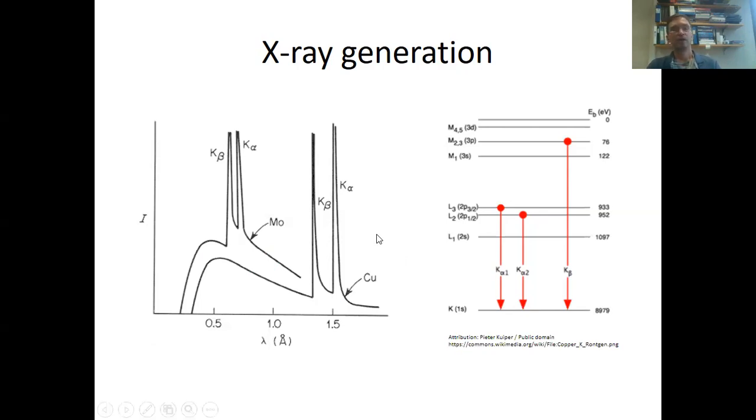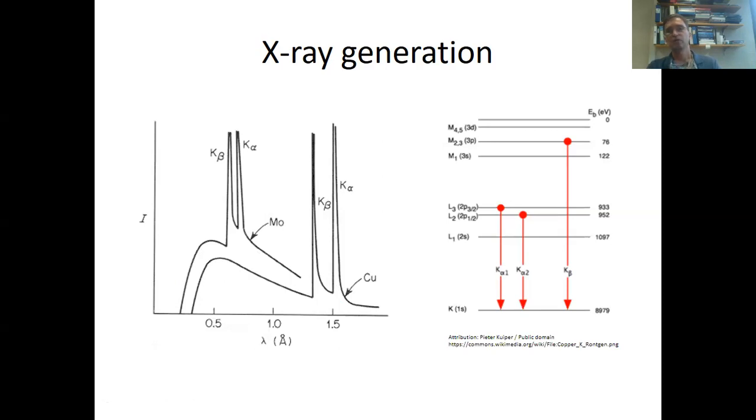Now you see here on the left side the intensity distribution of the X-rays associated with the copper anode, and here the intensity distribution associated with the molybdenum anode. You see the continuous radiation, and on top of it the characteristic radiation, particularly the K alpha radiation and the K beta radiation.